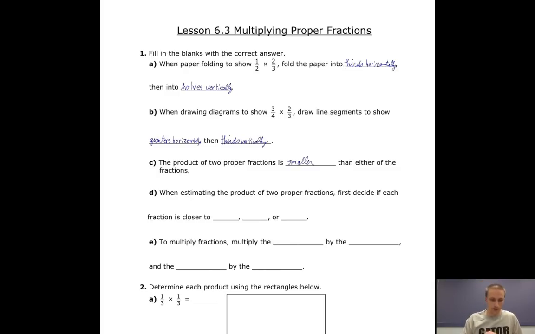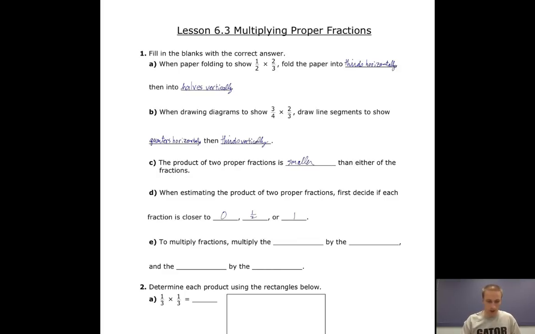So now when you're estimating the product of two proper fractions, first you decide if each of the fractions is closer to 0, 1/2, or 1, and then you multiply those.